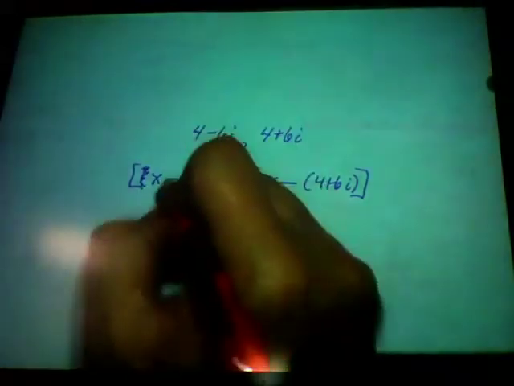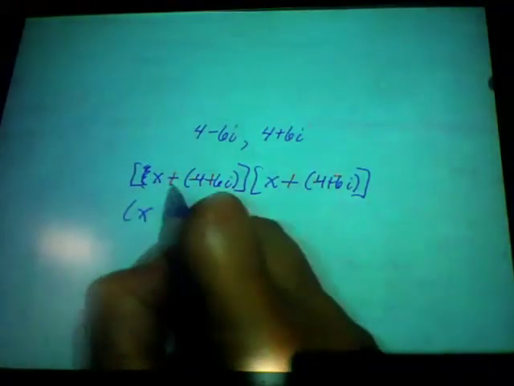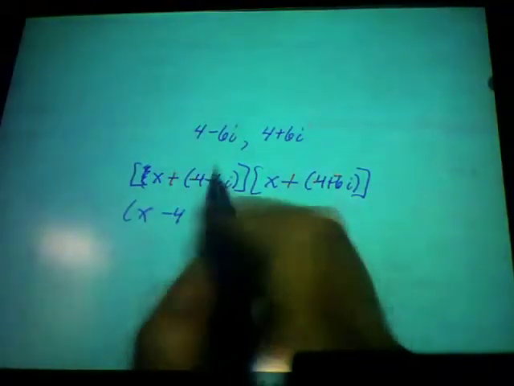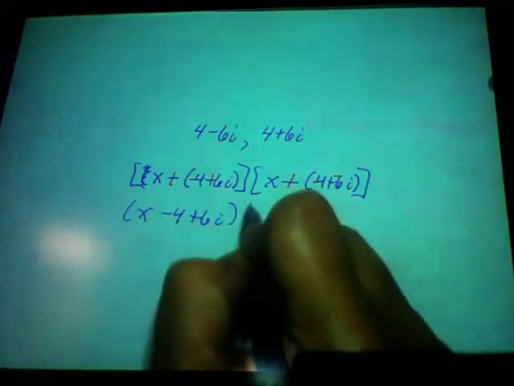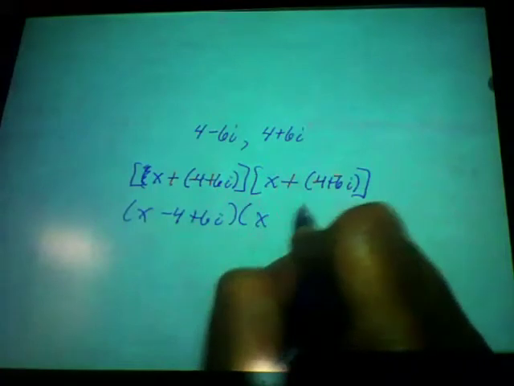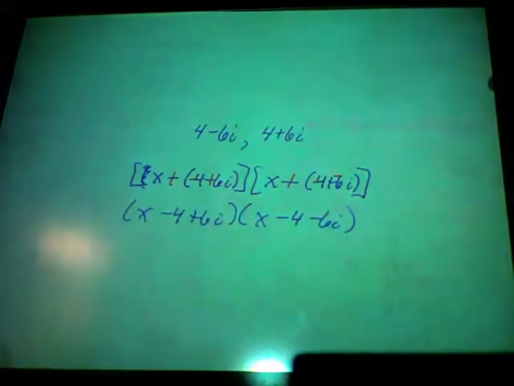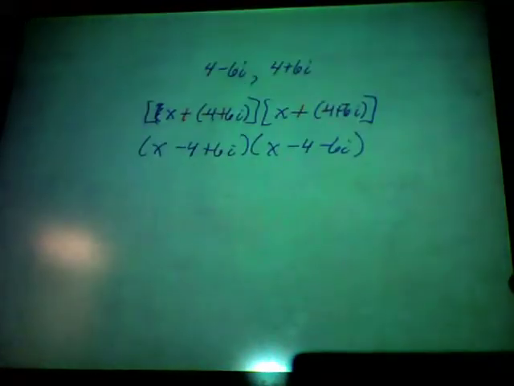So what I actually have is x minus 4 plus 6i, and then x minus 4 minus 6i. So then I would multiply those together. I'm not going to go any further, but that's what you have to do for the complex zeros rather than the pure imaginary zeros.